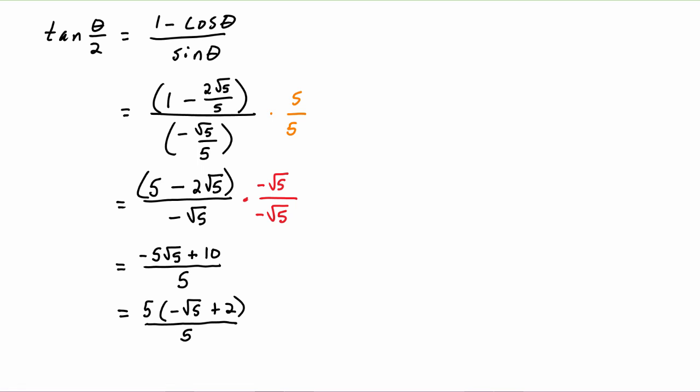Now the 5 in the numerator and the 5 in the denominator will cancel, and we find out that tangent of theta over 2 is equal to, we could write this as negative root 5 plus 2, but it's very common to put 2 minus radical 5.